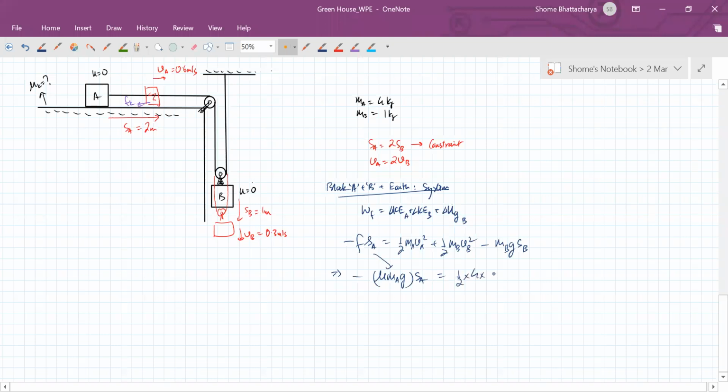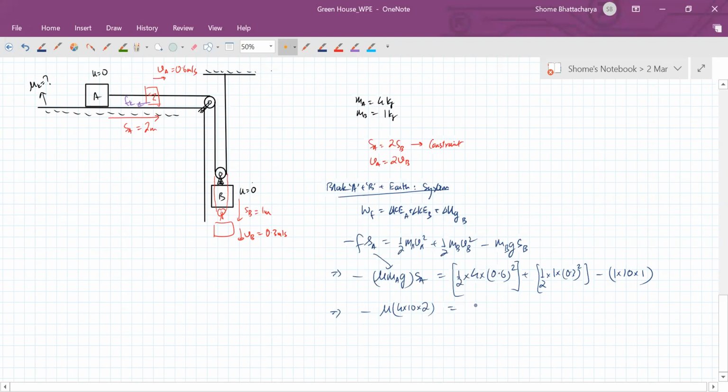So 4 into 0.6 square plus half one kg multiplied by 0.3 squared, minus 1 into 10 into 1. That should be equal to minus mu into 4 into 10 into the displacement, which is 2 meters.